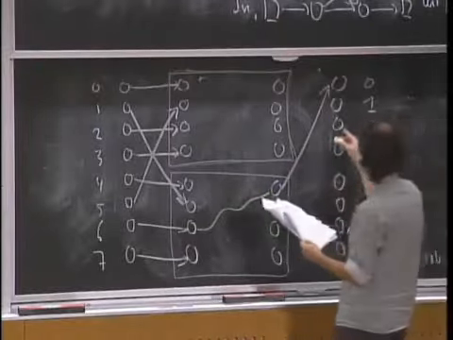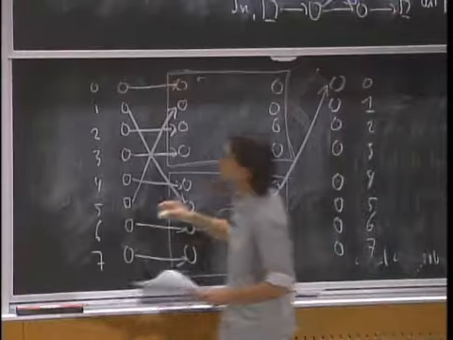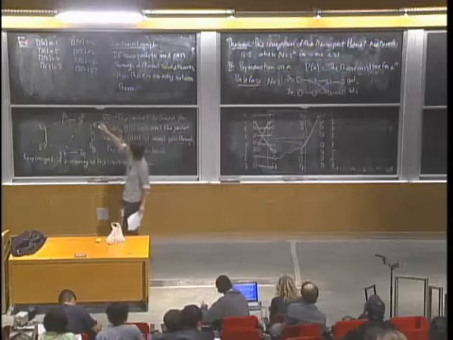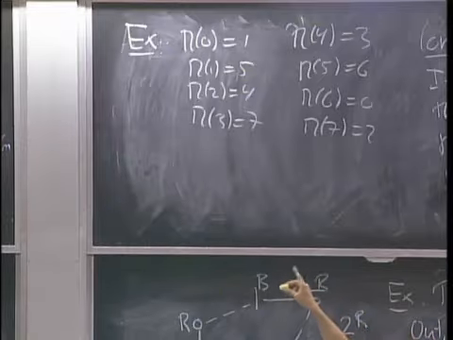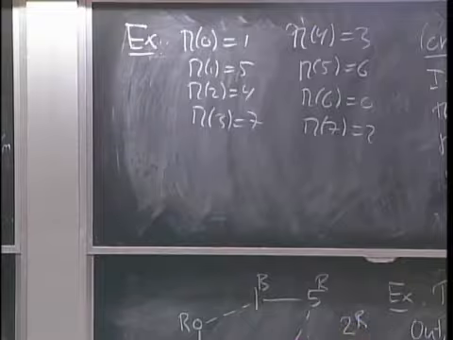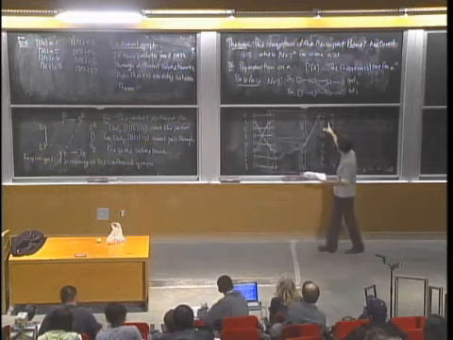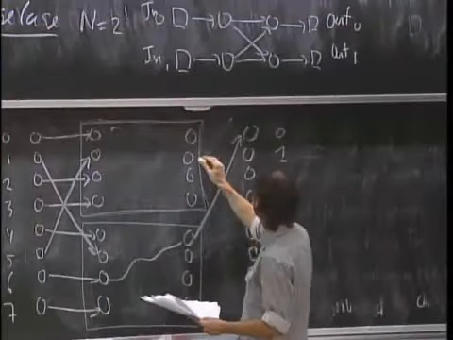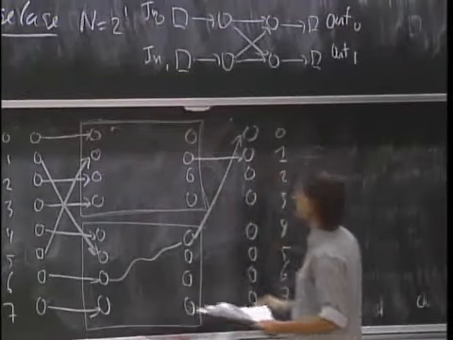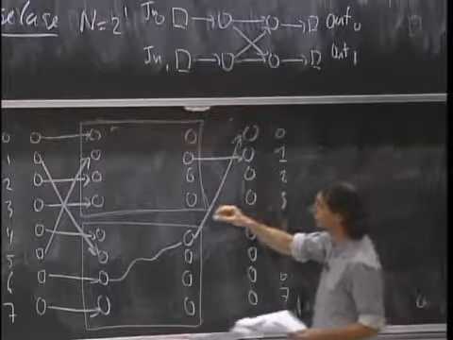Now we can continue like this. Output 1 should receive a packet from, let's look at the permutation, from 5. So, output 1, pi of 0 is equal to 1. So packet 0 needs to go to this particular output. Now packet 0 is in the red network, so there's only one edge that goes from the red network to this output.